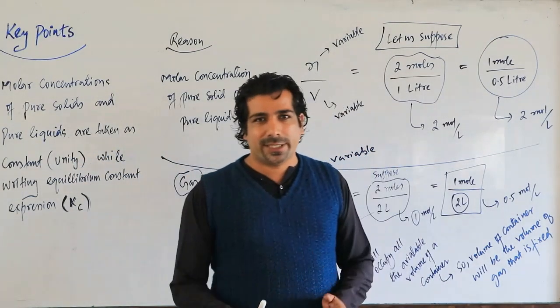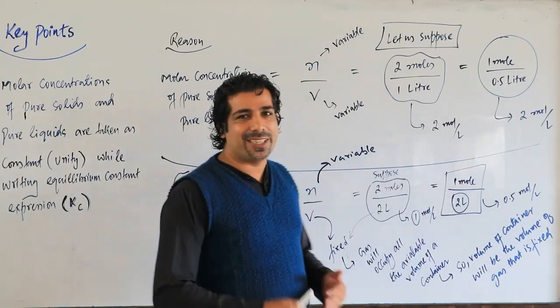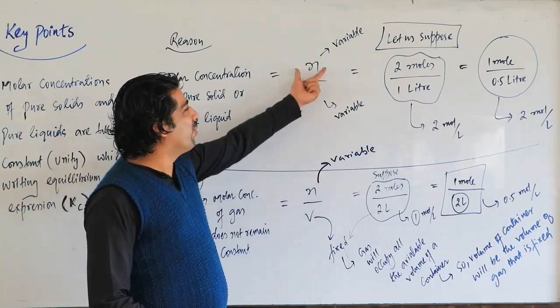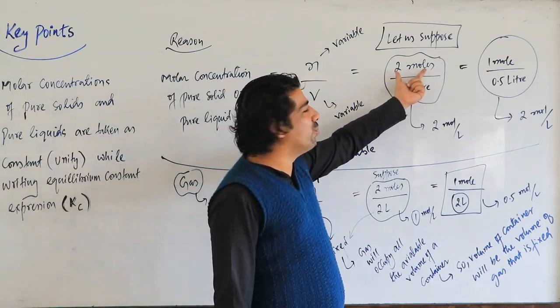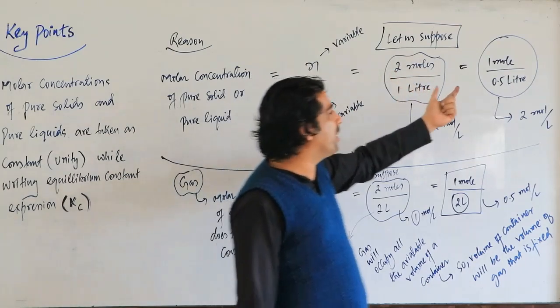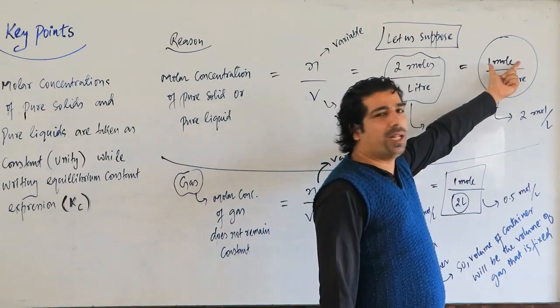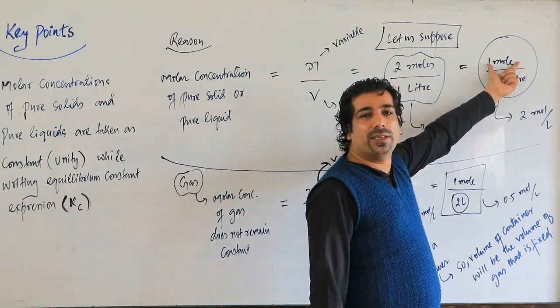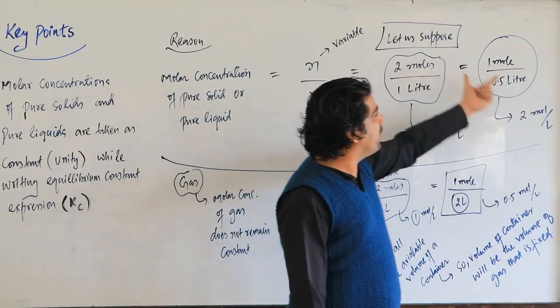Okay? It changes, but the molar concentration of solid or liquid does remain the same because both these factors are changing, both are variable. You have an initial state of 2 moles of solid or liquid. Then out of 2 moles, 1 mole is changing into what? Products, let us suppose. And you have only 1 mole of a particular solid or liquid now. And volume is also changing.